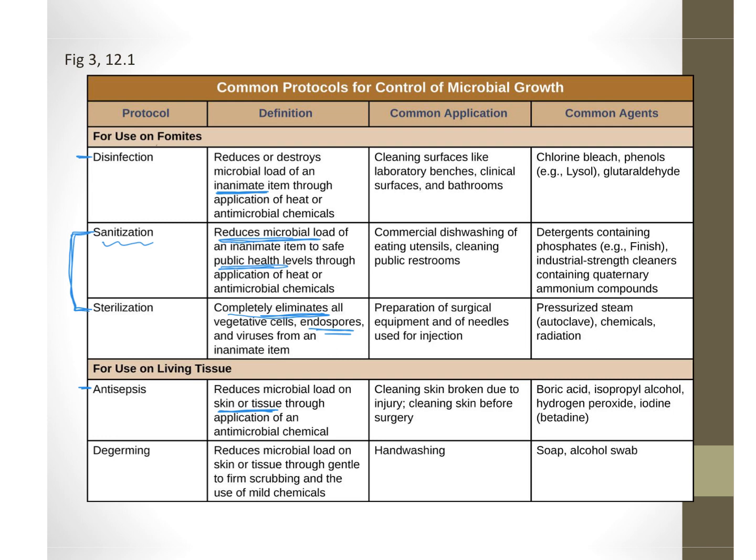I know. This was a term I wanted to use, fomites, for use on inanimate objects rather than living tissue. A fomite is just an inanimate object. Usually we use that term to describe how an infection can pass through some inanimate object. So a keyboard would be a fomite.